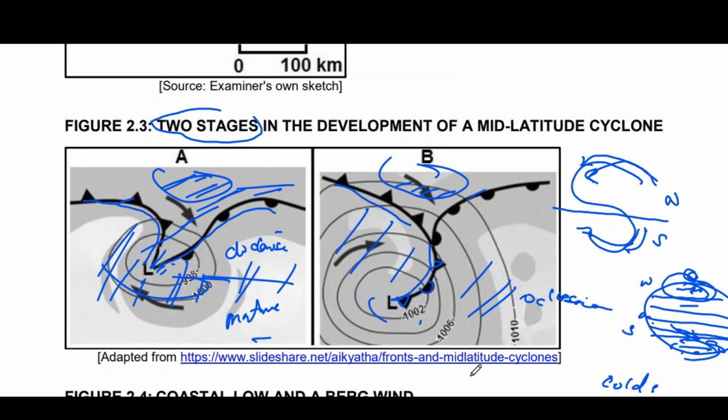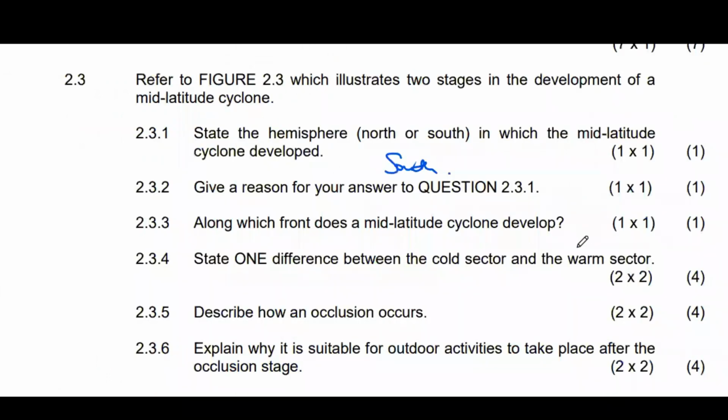Okay. So we can put evidences there. What evidence can we have? Clockwise rotation. Remember, it is 1 mark. So you can use any point, clockwise rotation. Then you talk about the positioning of the cold sector and the positioning of the warm sector.